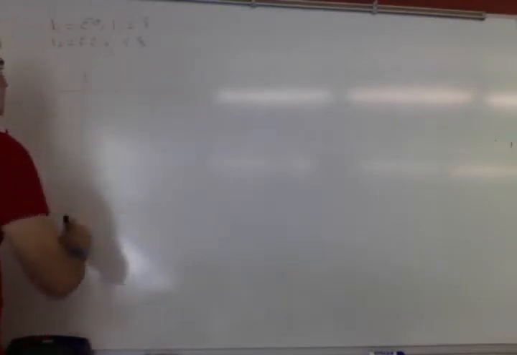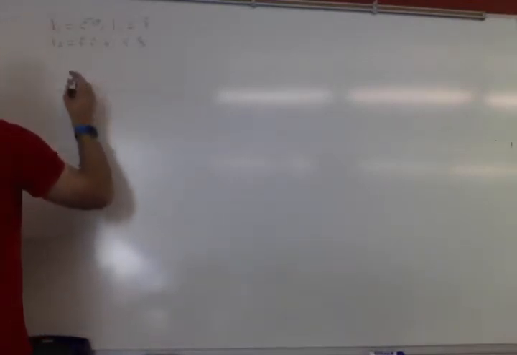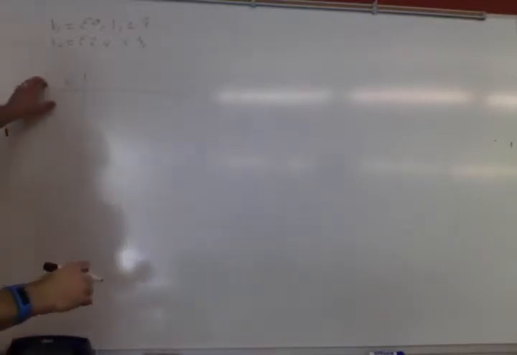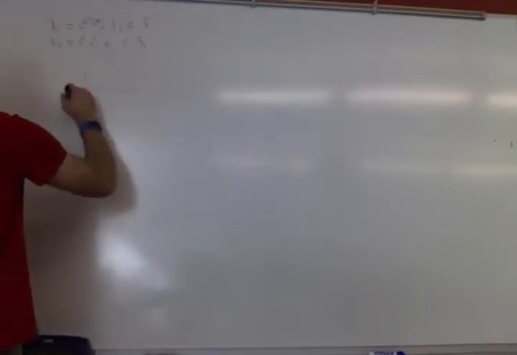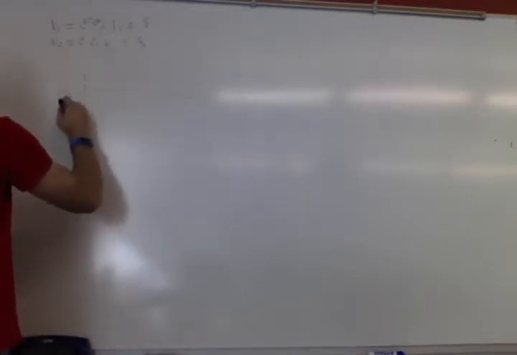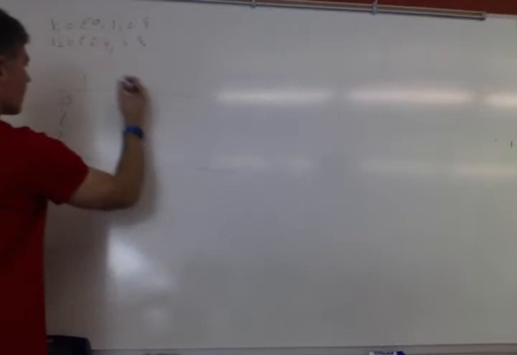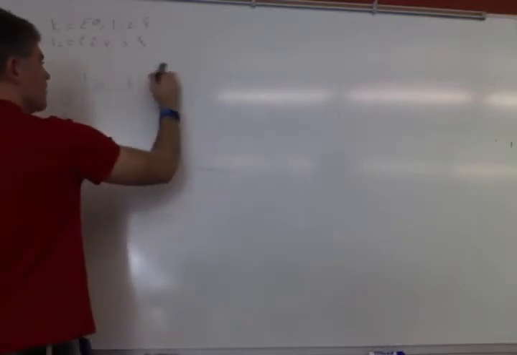Let's see if this works. I have X1, 0, 1, 2, 3, 4, 5. And then I have A, B, and C. Okay, where does 0 go on A?